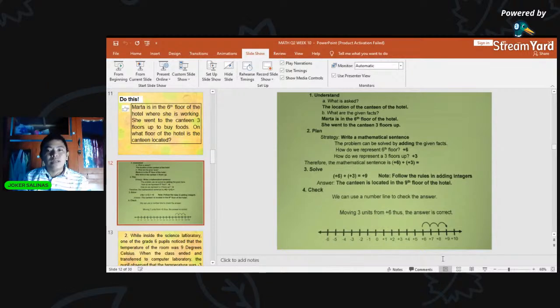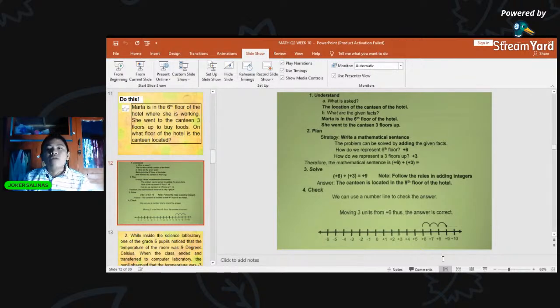So write the letter n. If you don't want the letter n, you could use any letter like A, B, C, D, E, F, G, etc. Next, after knowing the mathematical sentence, we're going to solve it. Positive 6 plus positive 3 is equal to n.